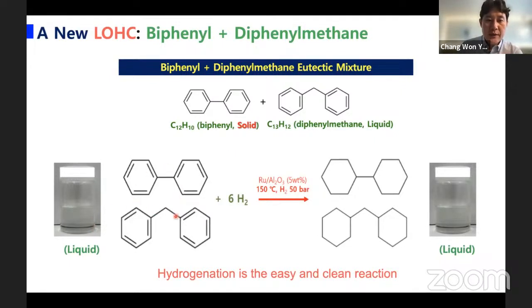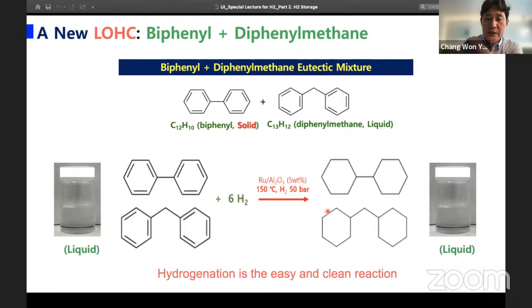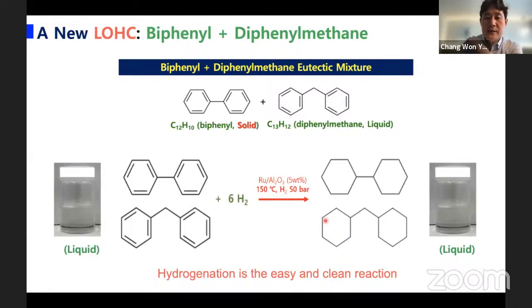Then with this eutectic mixture, when we use the ruthenium alumina catalyst at 150 degrees Celsius under 50 bar of hydrogen, the hydrogenation reaction is completed nicely. It's a very easy and clean reaction. So all this hydrogen was stored in the form of this molecule. The hydrogen-rich LOHC is liquid, which is good.